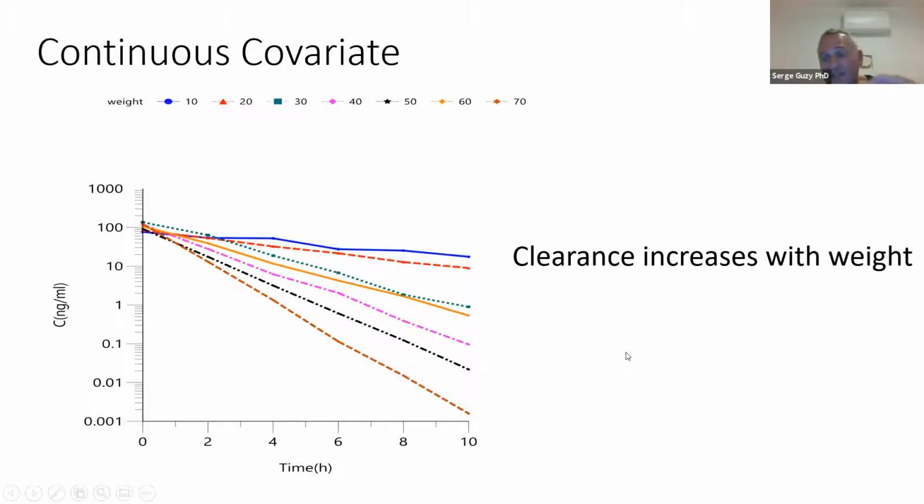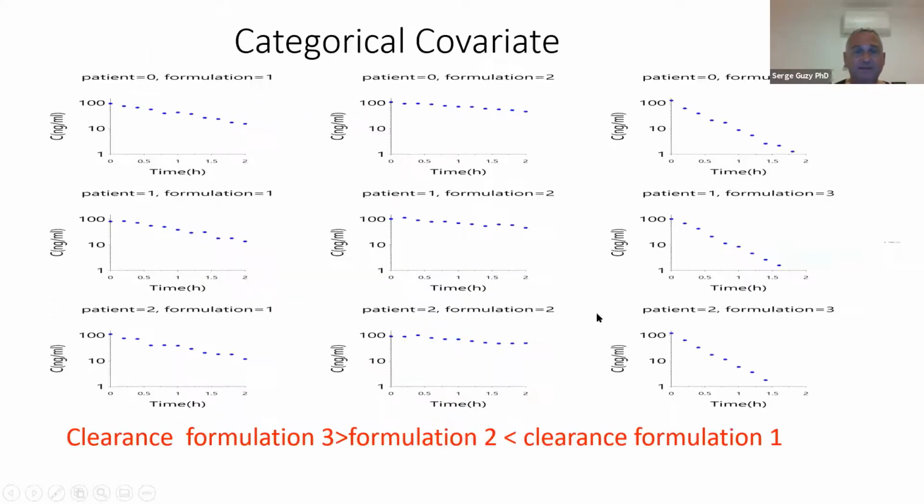I see a trend that clearance increases with weight. If I didn't have a trend, and it was a random effect, then it would mean that knowing the weight doesn't give me any information about what the clearance is. However, if I have a trend, then I know that when I increase the weight, the clearance increases, and I have some kind of information about the clearance. Now, the question is how am I going to estimate the weight effect on clearance?